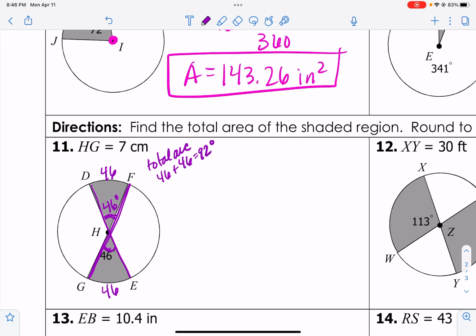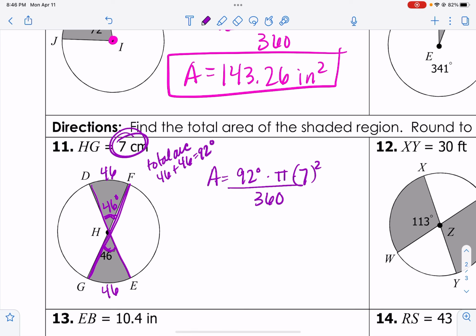So as long as I know one arc, I can either find one and double it, or I can just double it and then find the total area. So I'm going to do that. So area is, my total arc is 92 times pi times my 7 squared, because remember this is my radius, divided by 360.